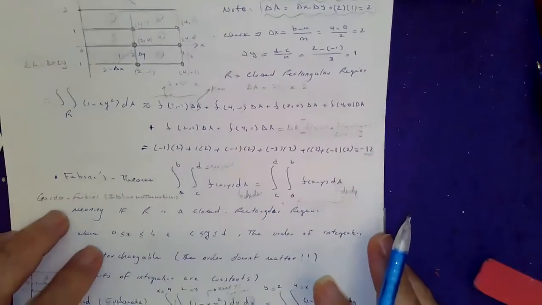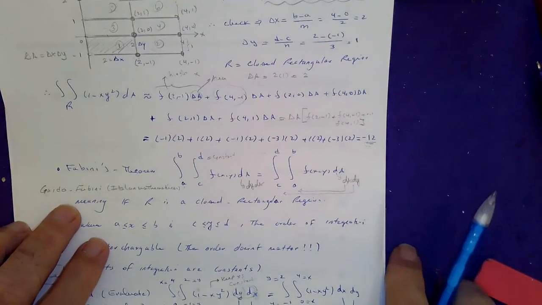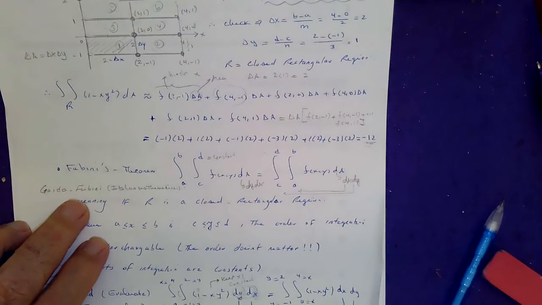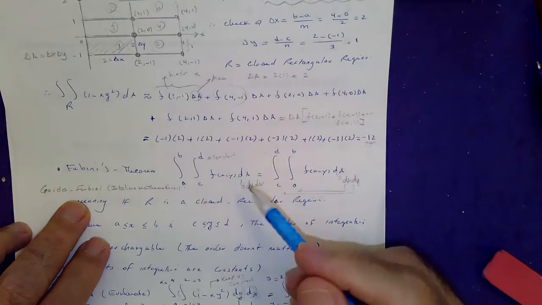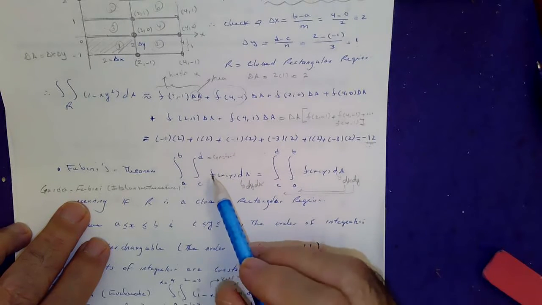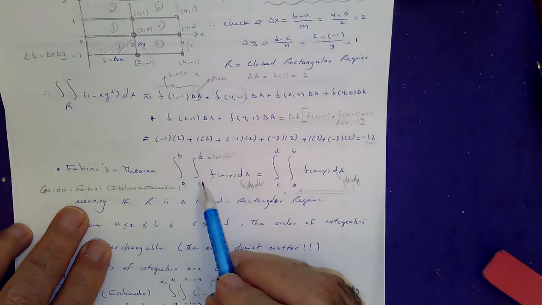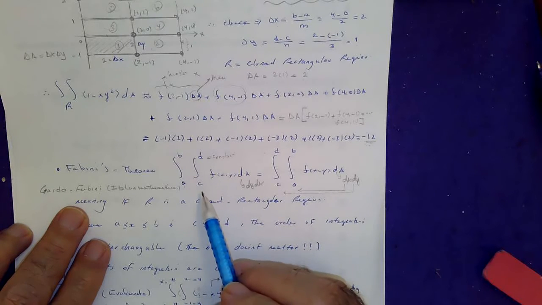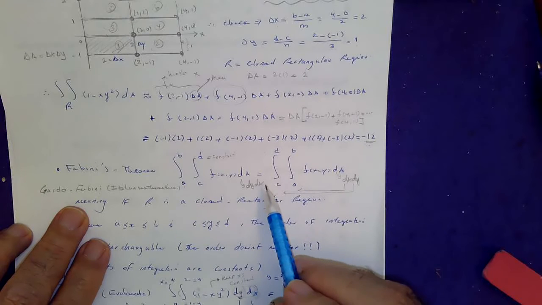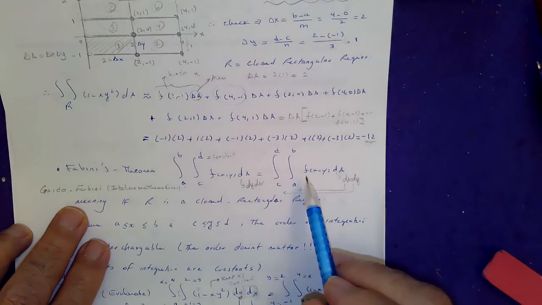In this case, what we have is Fubini's theorem. Guido Fubini was an Italian mathematician, and he proved that what? If you are on a closed rectangular region, so that means the limits of both integrals happen to be constant, then the order in which you integrate doesn't matter.